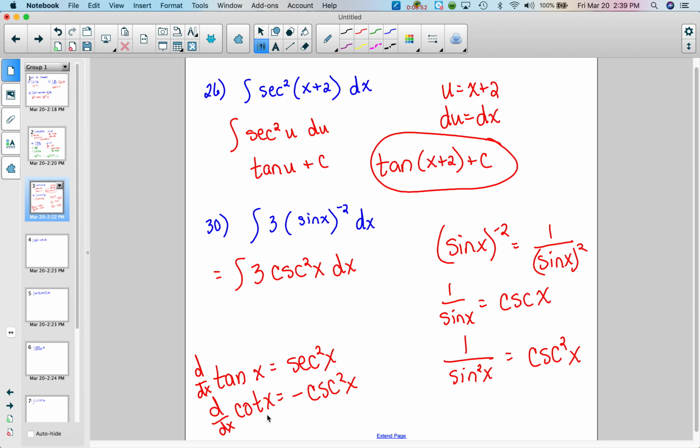The only way I can memorize this is I have this memorized, and then I know this relationship, but I always have to think about this in order to get this. So then if I want the antiderivative of cosecant squared x, it's going to be negative cotangent x. So I'm going to end up with negative 3 cotangent x plus a constant.